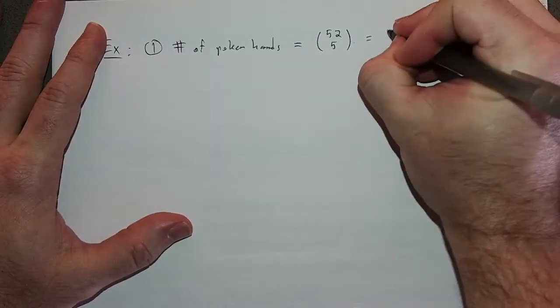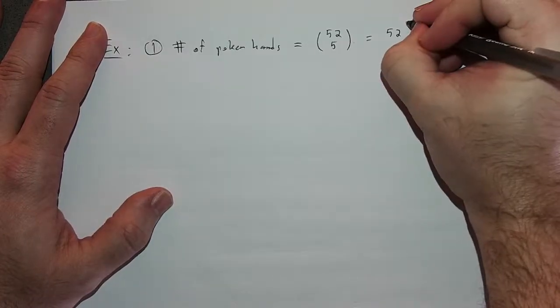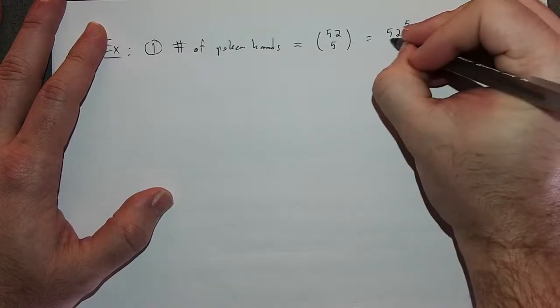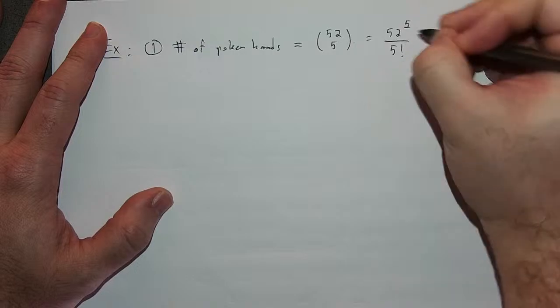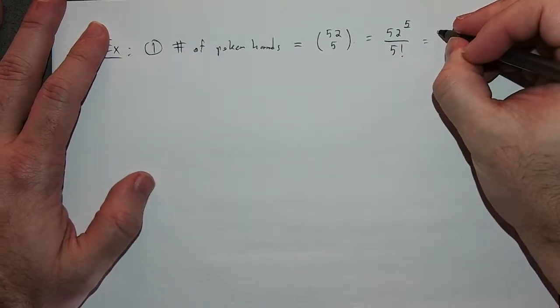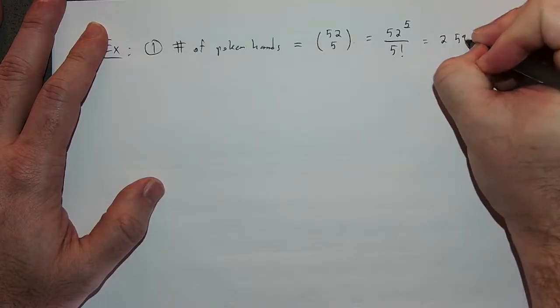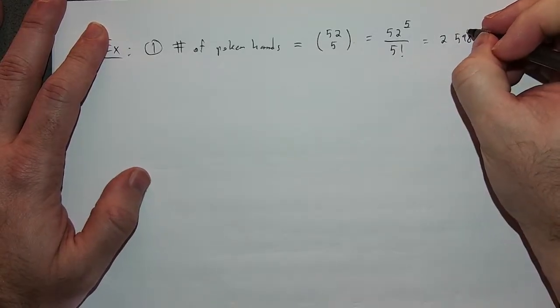So recall this was 52 to the 5 falling over 5 factorial, which is 2,598,960.